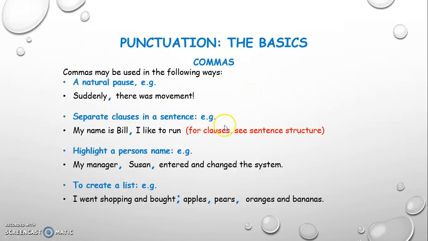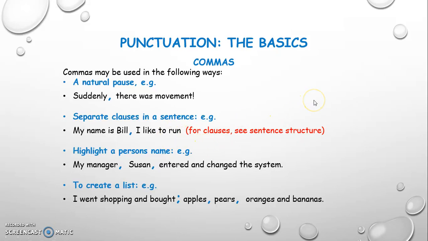If you look at the sentence structure, it will tell you what clauses mean. You have three types of sentences, and each sentence includes clauses. These are independent thoughts, ideas contained within a sentence. And here's an example. My name is Bill, I like to run. So you see it joins two clauses together.